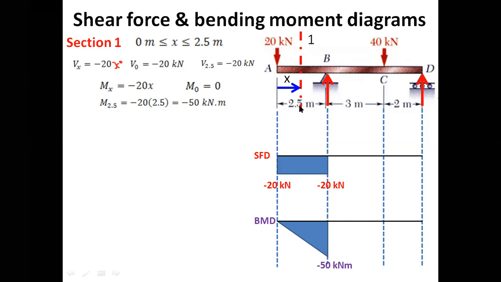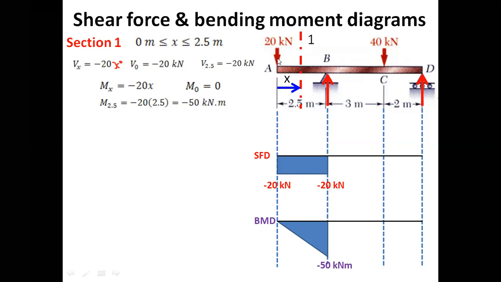Bending moment, general equation for the bending moment: the algebraic sum of all of the moments on one side of the section. We are taking the left hand side. We have only one force, so it is producing only one moment. At this section, this force is producing a counterclockwise moment.